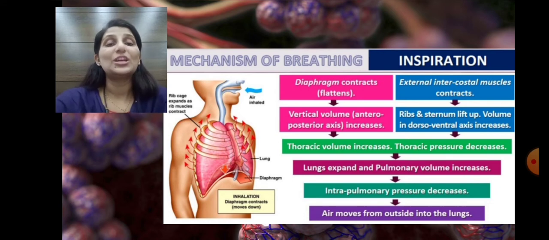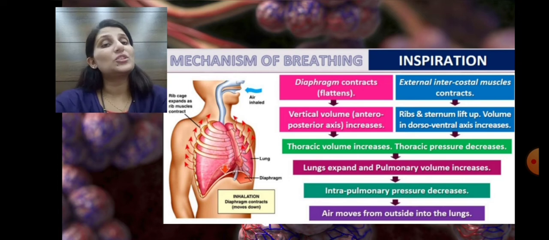So due to the flattening of the diaphragm and the lifting up of the ribs and the sternum, the thoracic chamber increases in volume in the anterior posterior and in the dorsoventral axis.